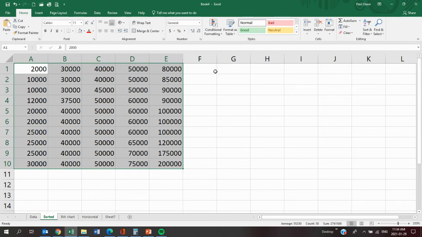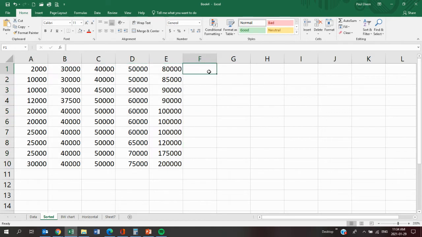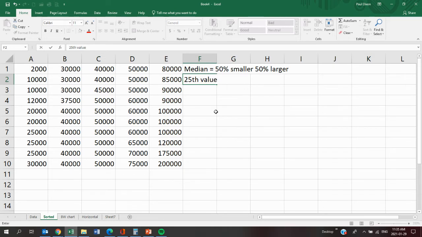The measure of the middle we're going to use is the median. And the median is known as being the value where 50% are smaller and 50% are larger. I've got 50 values, so this would be about the 25th value. 25th from where?